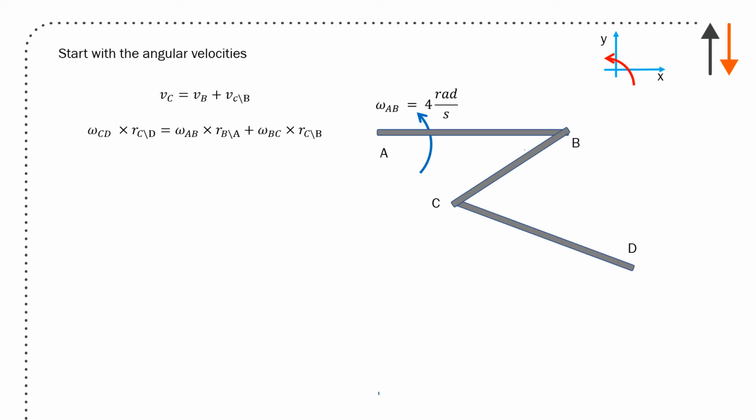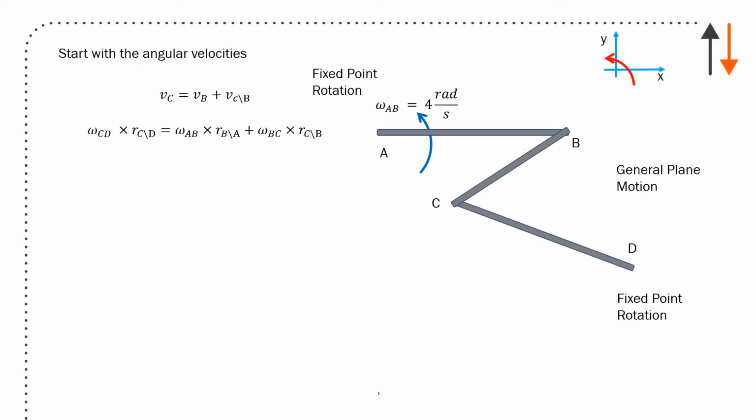You need to find the angular velocities of the two other rods. VC equals VB plus VC relative to B. So you can do omega CD cross with RCD right here, and you can do omega AB cross with RB with respect to A right here, and then finally BC over here.